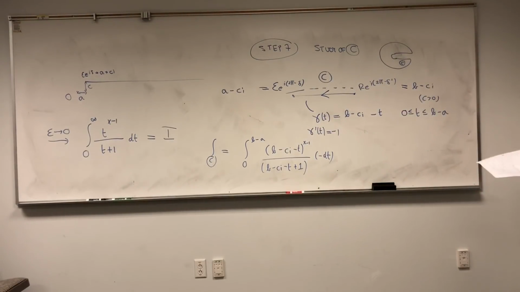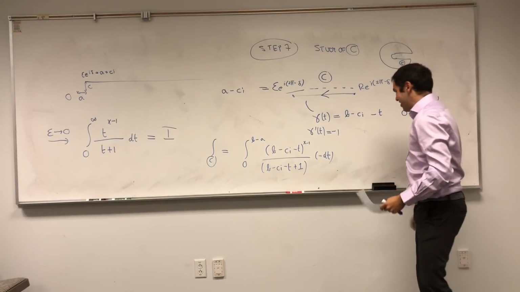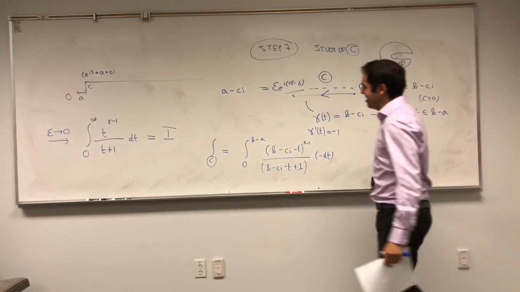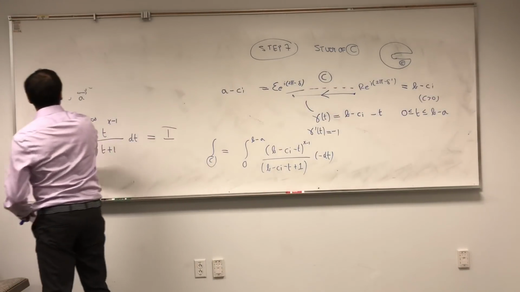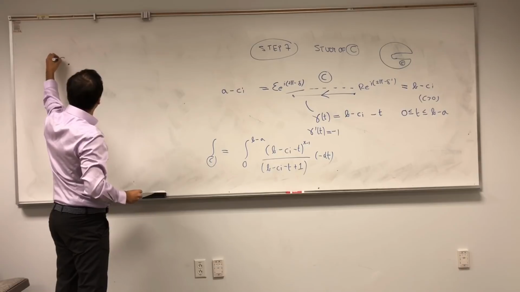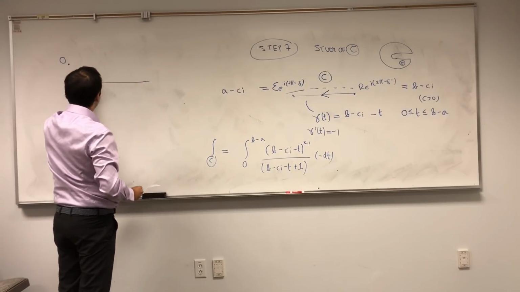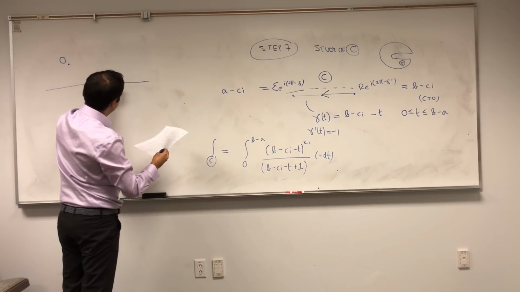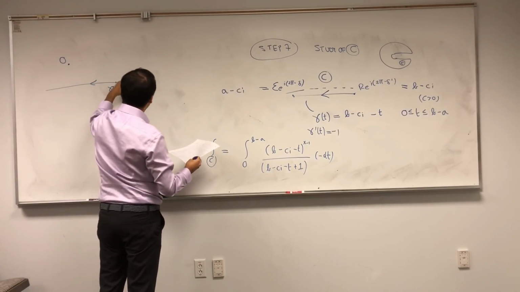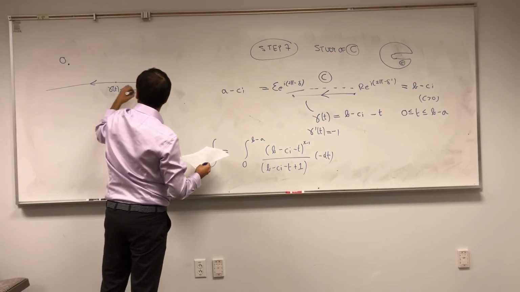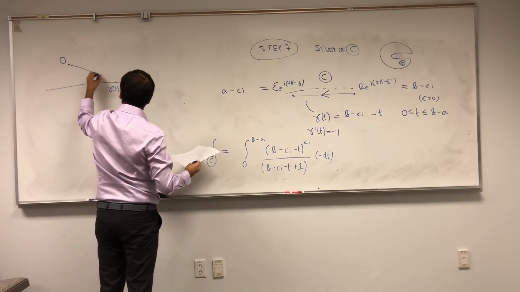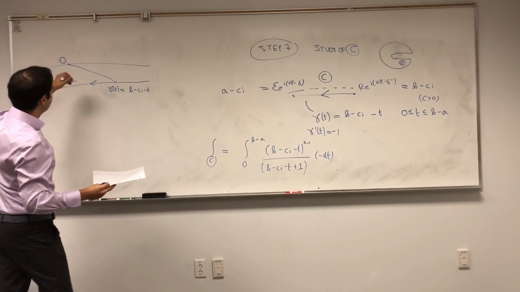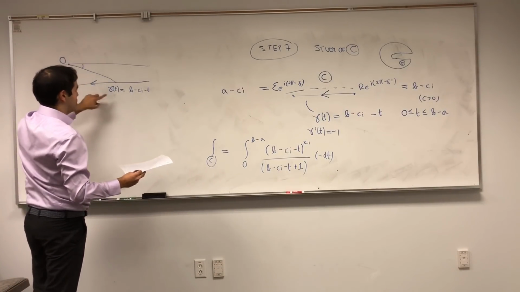Here comes the slightly confusing part. I'm still breaking white chalk, by the way, even though I'm not using it. But it's on the ground now. Suppose here it's 0, and here is our line. So gamma of t is b minus ci minus t. On this picture, you see that the radius is large, but the angle is very small.